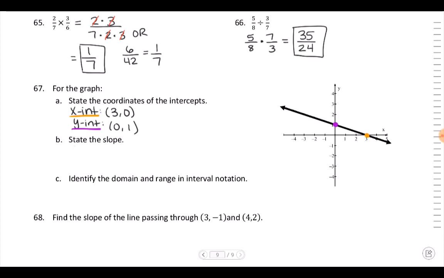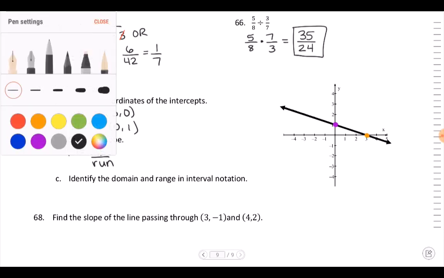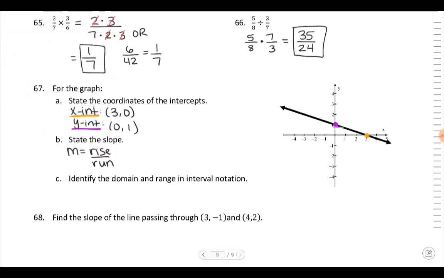So we want to count rise over run. Remember that it's rise over run. So I always start on kind of the left point here, and I'll work my way over. So from here, my rise is going to go down 1, so that's minus 1. And then I'm going to run 1, 2, 3.